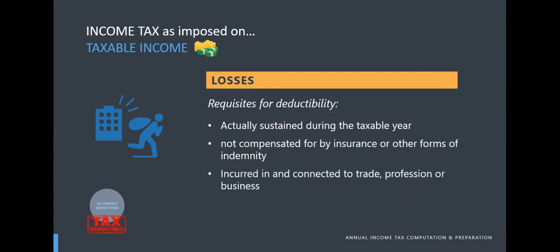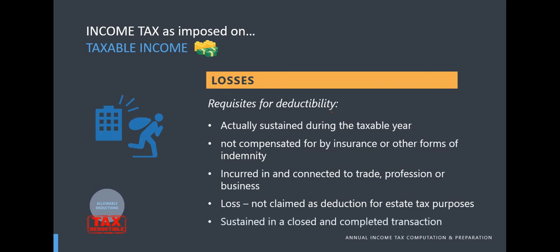Next, it must be incurred in and connected to the trade, profession, or business of the taxpayer. Another thing is that the loss must not be claimed as a deduction for estate tax purposes, and it must be sustained in a closed and completed transaction.